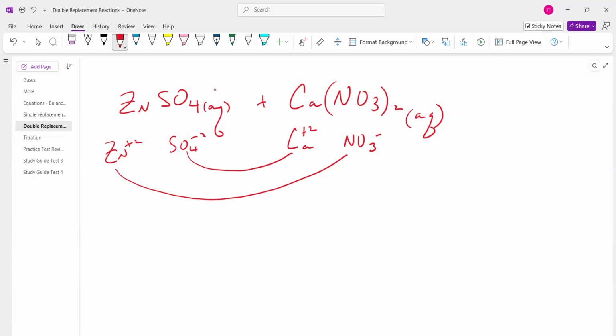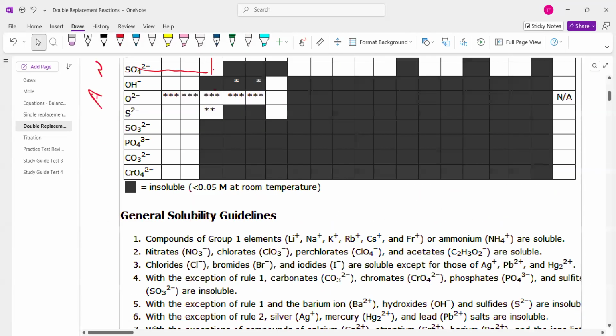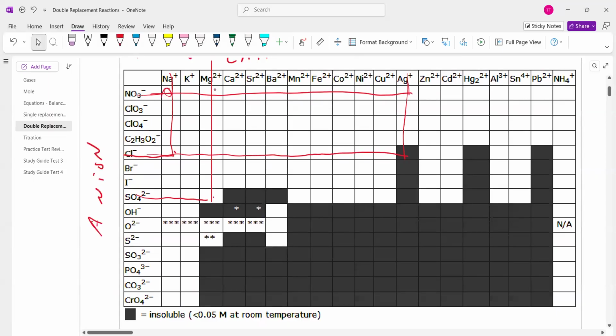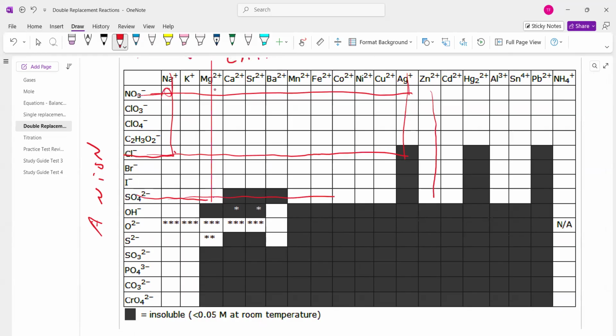Well, we go to our solubility table. So we have zinc sulfate, which is white, and calcium sulfate, which is black.